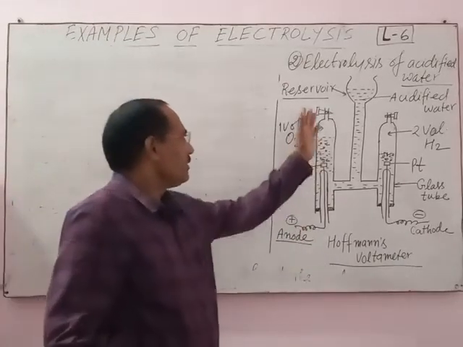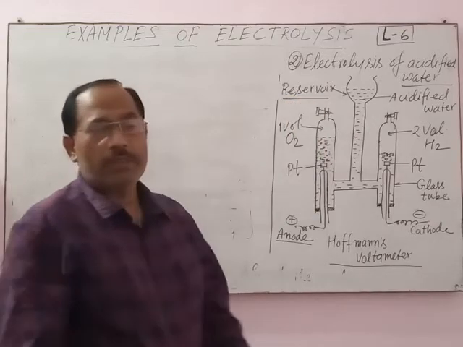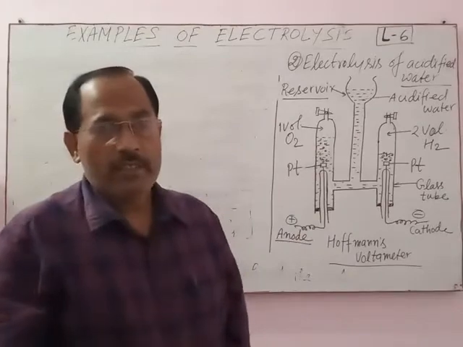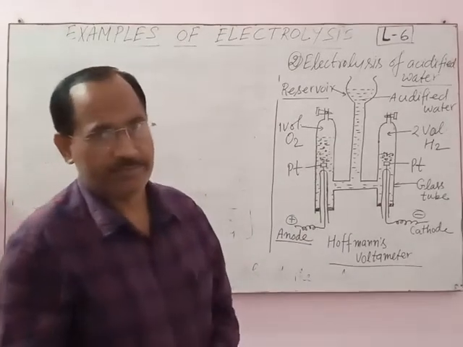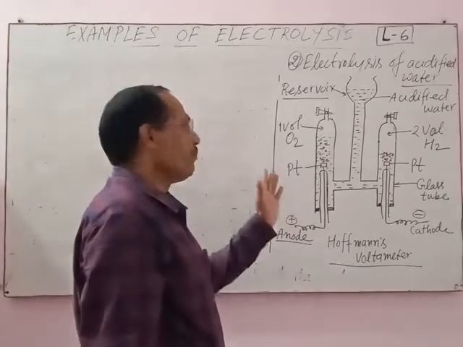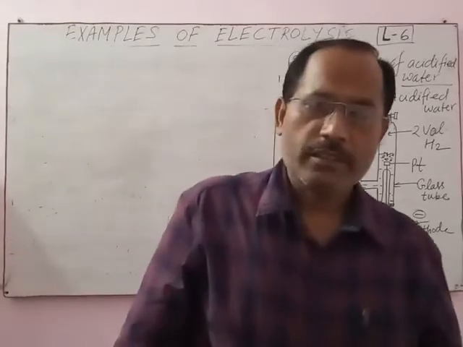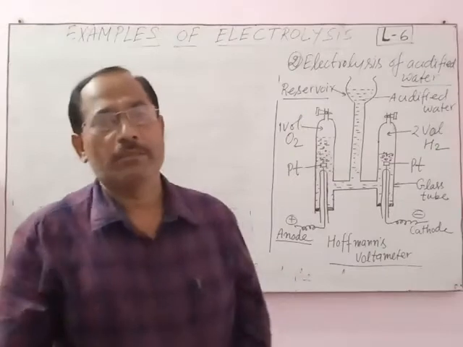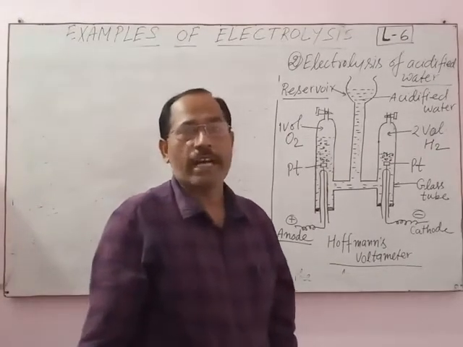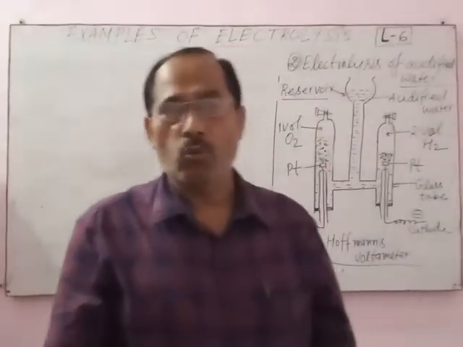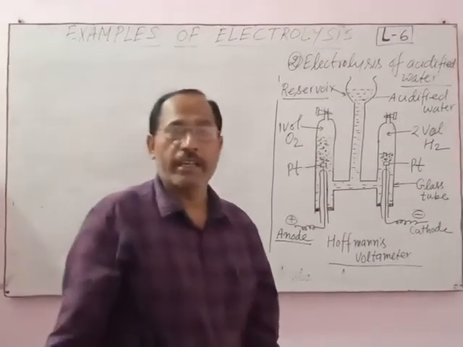That is why electrolysis of acidified water is also known as catalysis. It is also an example of catalysis because sulfuric acid, a mineral acid, acts as a catalyst which increases the ionization of water in the form of H ion and OH ion.